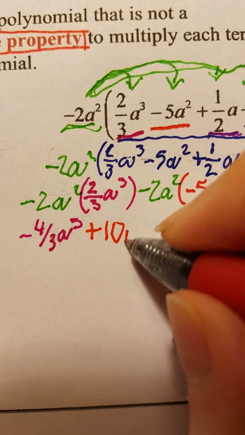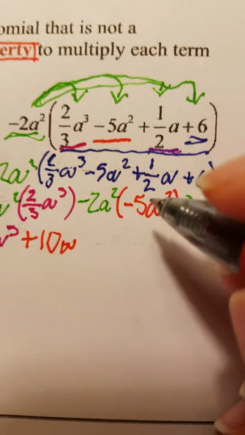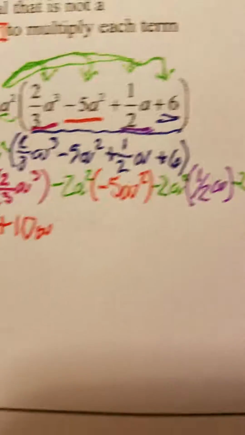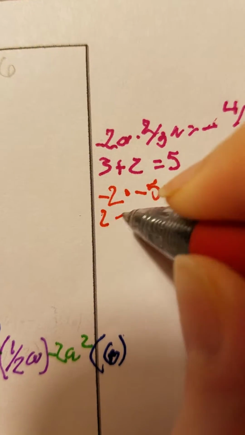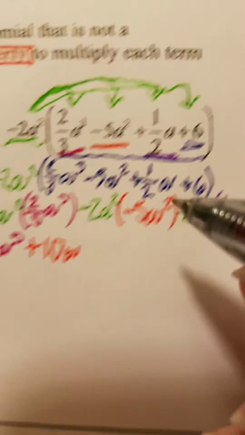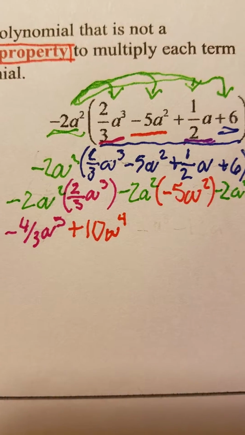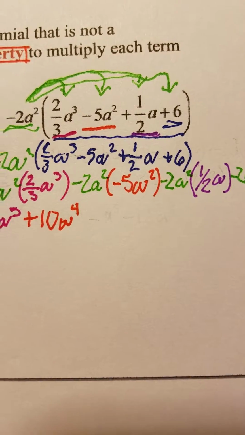Now you look at your exponents, 2 and 2, and 2 plus 2 equals 4, so the exponent on the 10a is 4.